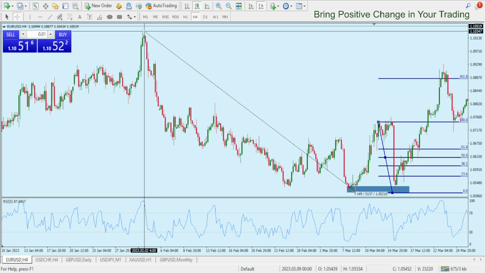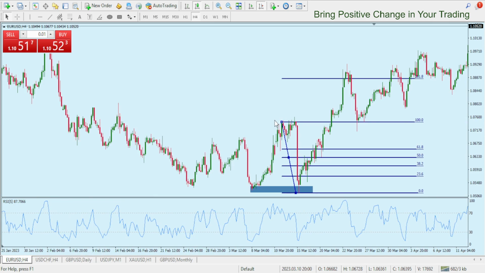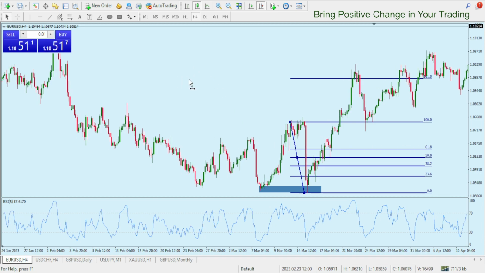So let's see these traders who were making profits from the Euro US dollar. What happened right here? They took a losing trade of around 117 pips because of this reversal. No doubt it worked really well, but when I discuss daily and weekly, this confusion will be cleared.